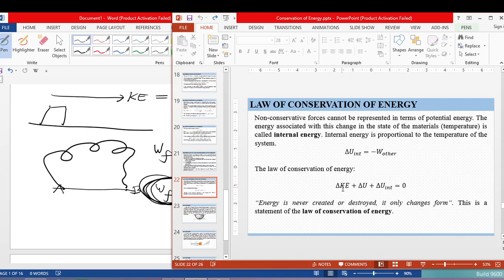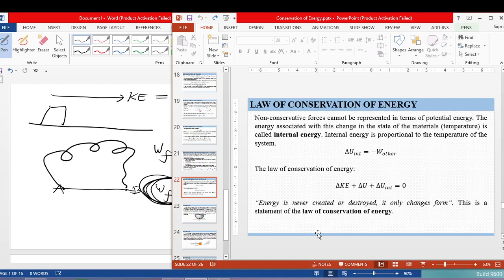Each can increase or decrease, but if you add all of them, it should equal zero so that the law of conservation of energy is not violated. So it can stay zero, or it can increase, but at some point, if the kinetic energy increases, the others should decrease so that they maintain equal to zero, right? So that they do not violate the law of conservation of energy.